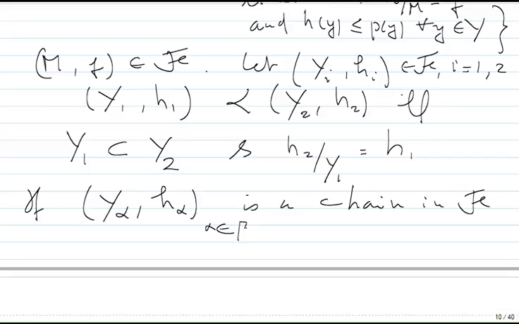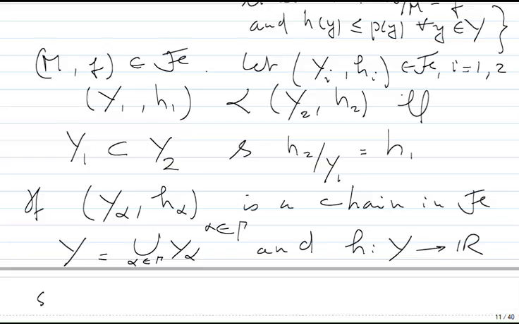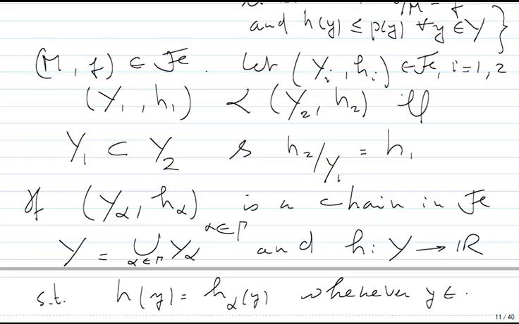indexed by gamma, which is totally ordered, then in this case we can take Y, which is the union of all the y alpha, and because it's a totally ordered set, you get here a linear subspace which contains M because all of them do contain M. And okay, we take H from Y into R such that H of y equals h alpha of y whenever y belongs to Y alpha.